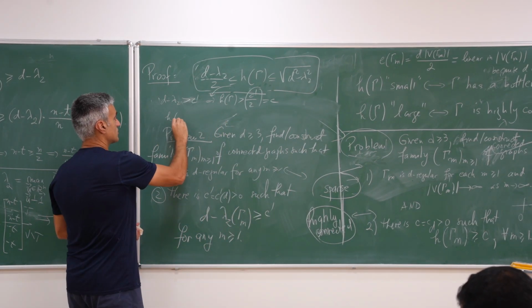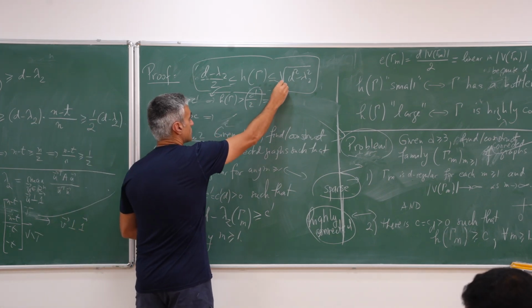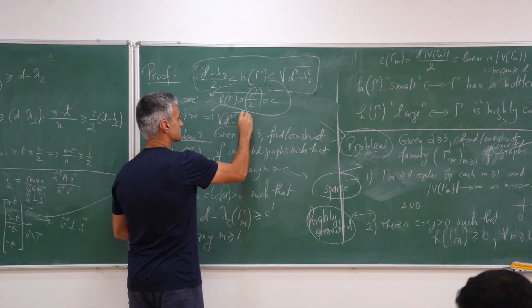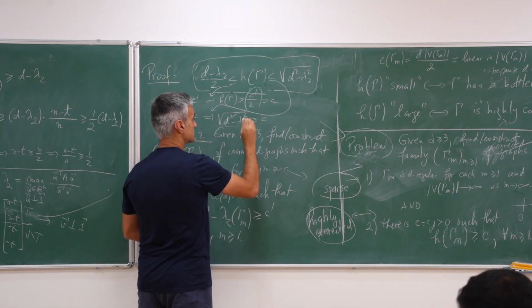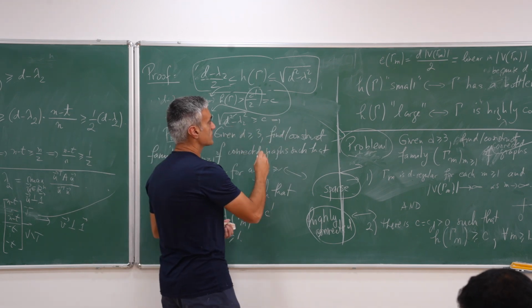The other way around, if h of gamma is bigger than C, then I use this other inequality from here, and I have the square root of d squared minus lambda 2 squared greater than C. But this number here, what is it?